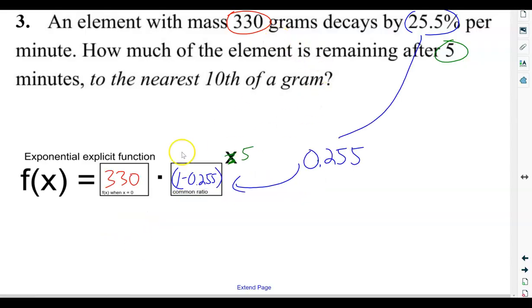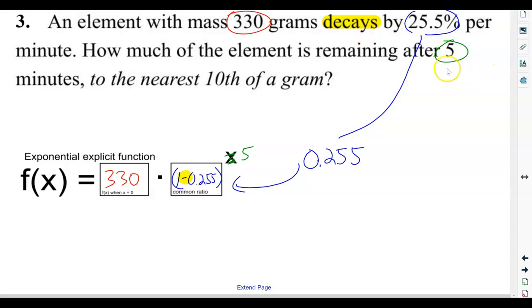So we're going to write that in. We'll put 330 times open parentheses 1 minus 0.255. We took the 25.5, moved the decimal 2 places, right? Put it in front of the 2 and have 0.255. And this time, instead of adding, we're going to subtract because it decays. It goes down.